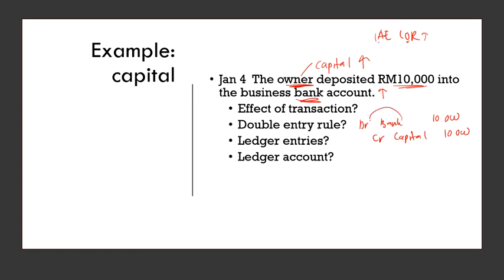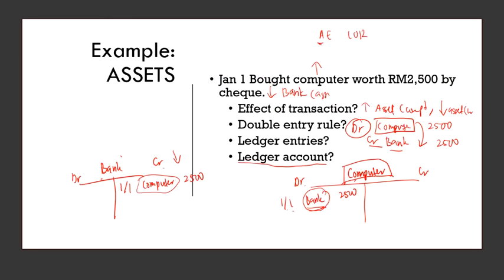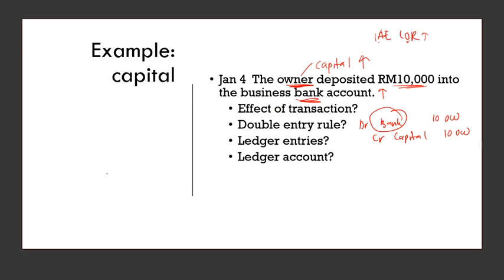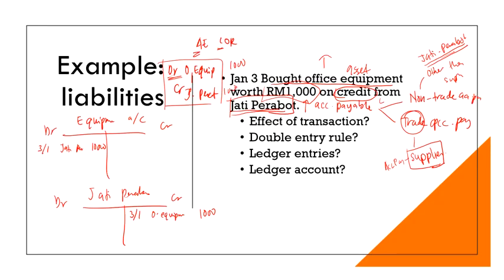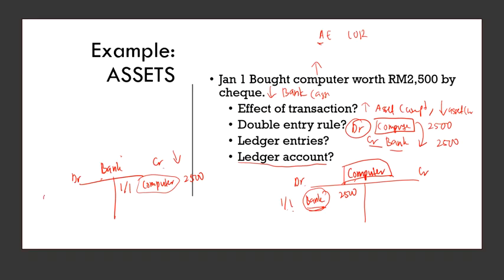Bank, so kita akan buka bank account. Tapi remember, kita dah pun pernah buka bank account, so kita letak je bank account 4th January. Capital, particulars will be your capital 10,000.